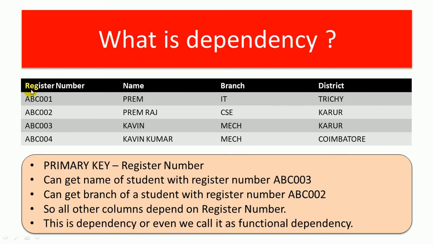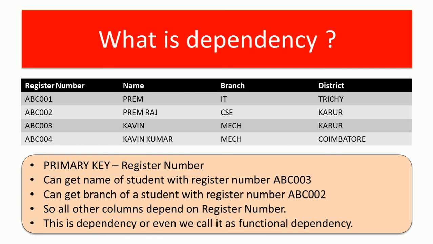So this is what the primary key is all about. A primary key is nothing but a single column that uniquely identifies each record in the table. And coming back to the concept, the second point: can I get the name of the student with register number ABC003? Yes, obviously, because there is only one register number ABC003, because this is the primary key.